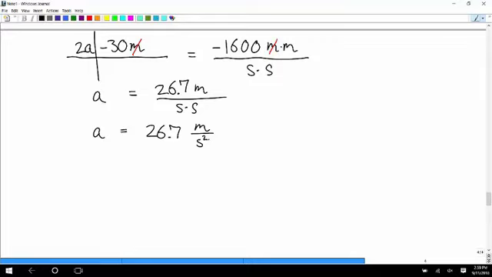Is that the exact same answer we got before? No, the magnitude's the same. Okay, we got the same magnitude of that acceleration, but the sign was different. Now think about pointing in the direction of what a positive acceleration means. What we got here is an acceleration of 26.7 going in that direction, because the positive direction is this way.